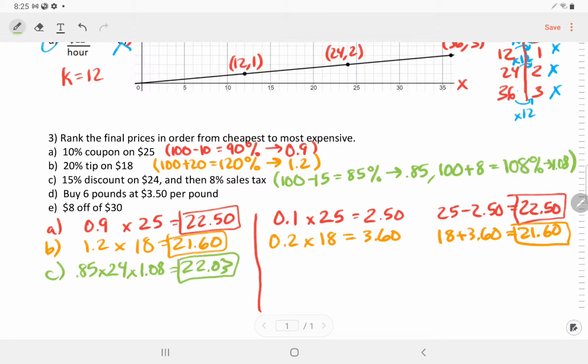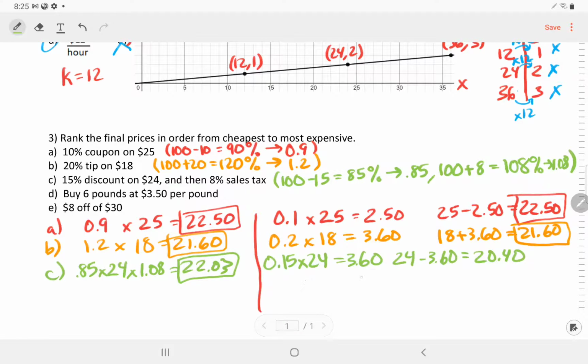Another way to do this problem is to take 15% on $24. So 0.15 times 24, and we will get $3.60. So we take the original $24, subtract $3.60, and we get $20.40.